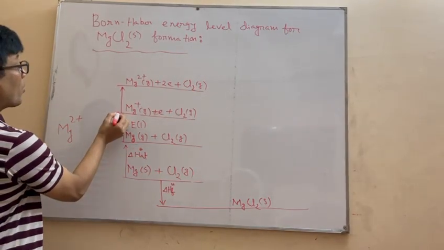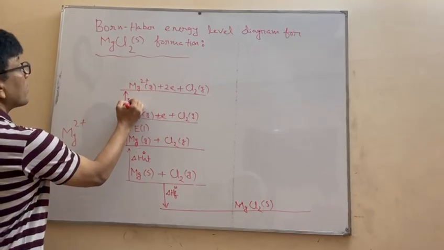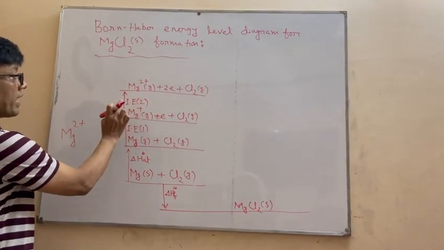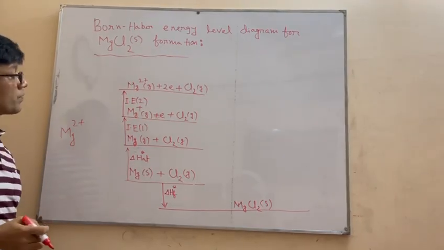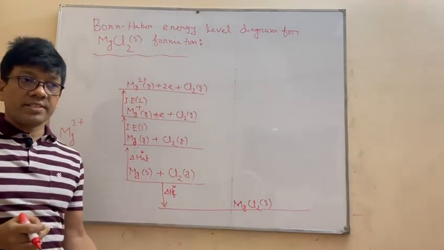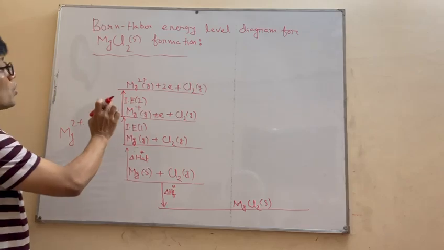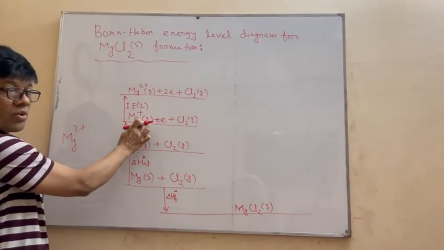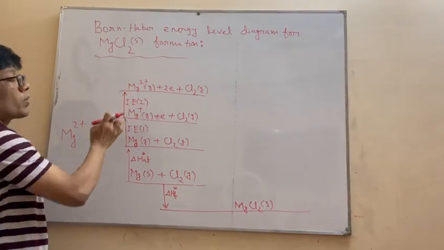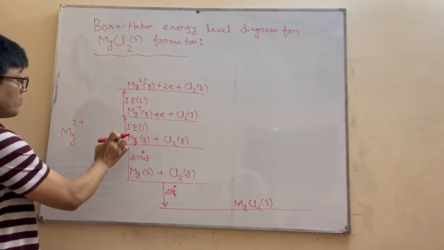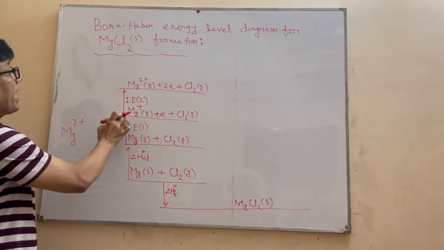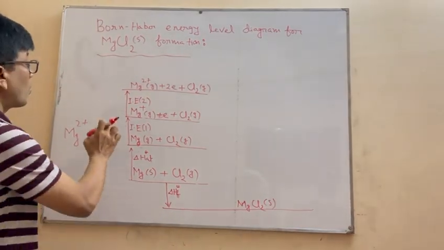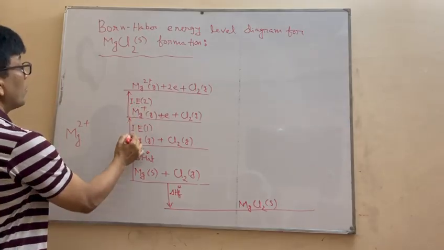So from this to this, ionization energy 2, that means second ionization energy of magnesium. What is second ionization energy? It is the energy needed to remove one electron from a single positive gaseous ion to produce a double positive gaseous ion. First ionization energy and second ionization energy, these are endothermic, so upward arrow.